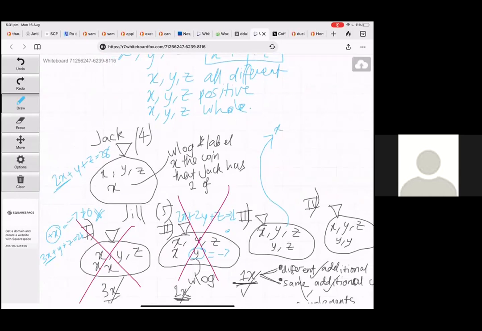This is saying that we've got x plus 2y plus 2z equal to 21. So we'll approach this slightly more formally than the other cases. But if I combine Jack and Jill's money bags, which is basically the same as adding these equations to each other, then I've got a total of 3 of the X coin, I've got 3 of the Y coin, and I've got 3 of the Z coin.